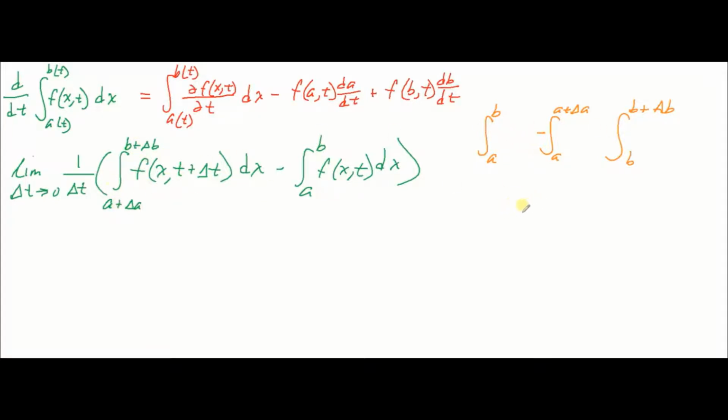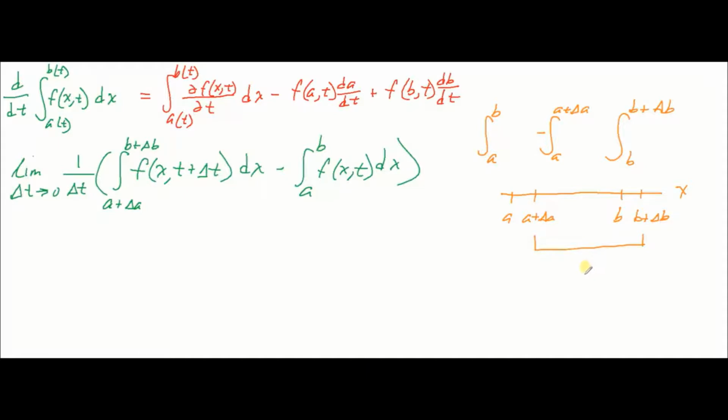And we can see that easily by, if you think of the x-axis, and we have a, and then if a shifts a little bit because of t, then we see the bounds of integration moving here. And this is the area from here to here.